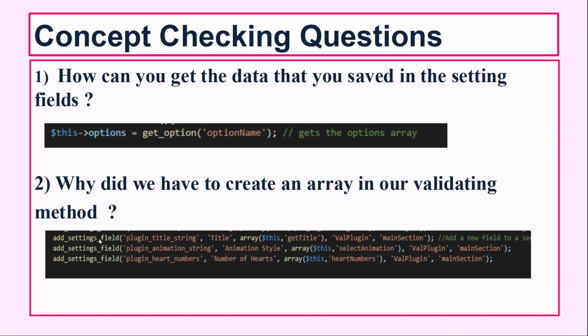Well, we have 3 fields, so that's 3 values, and because we are only able to insert 1 value into the WordPress backend, we put it into the array and then insert the array in. So we need to make sure that we create an array in our validating method if we have multiple fields. If we have 1 field, you don't need to.